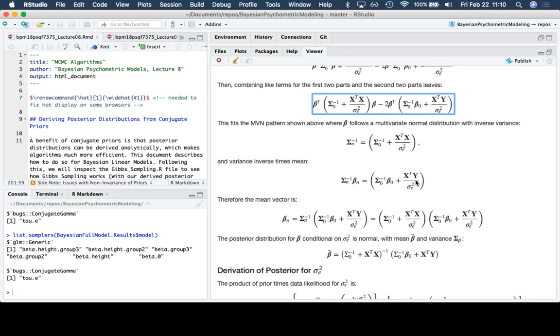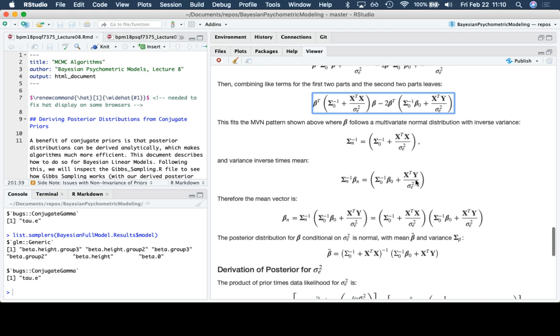Here's the mean vector. The variance times the mean is this. Actually, the inverse variance is this term right here. So that means we can draw a value from a multivariate normal with a given mean vector and a given covariance matrix at each step in the chain. That's what we're going to do in just a moment.